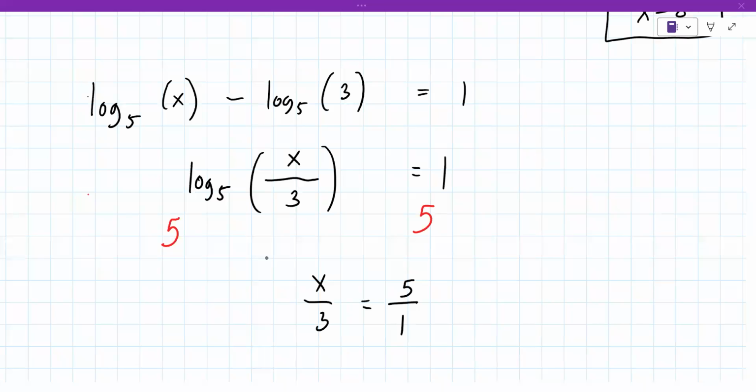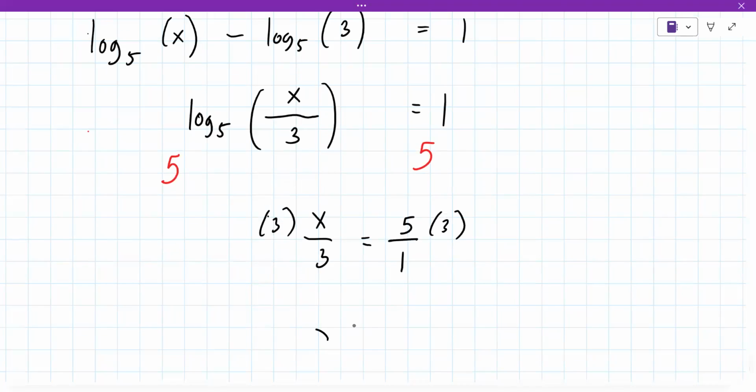So multiply both sides by 3. You don't have to write it as 5 over 1. So x equals 15.